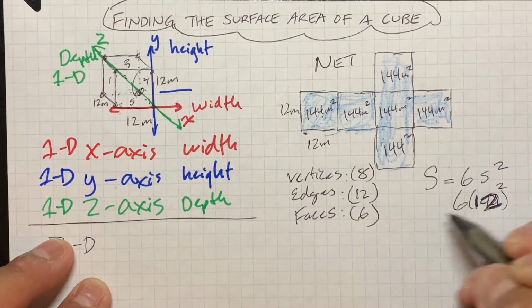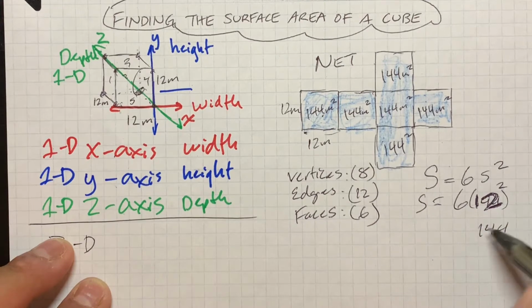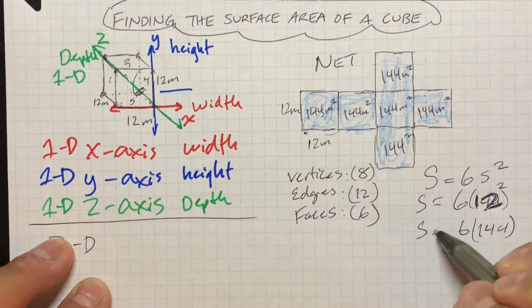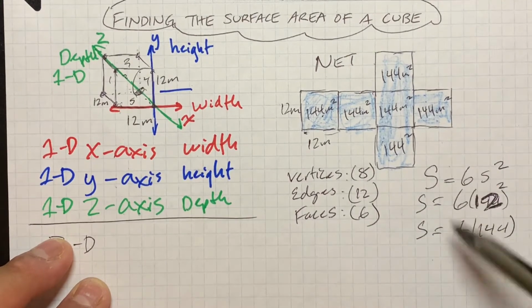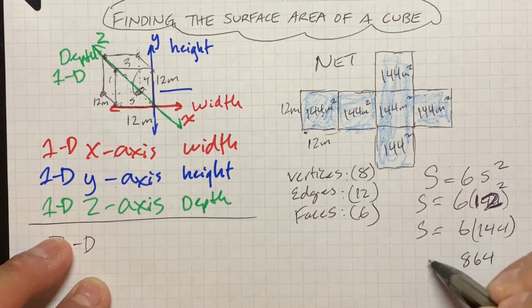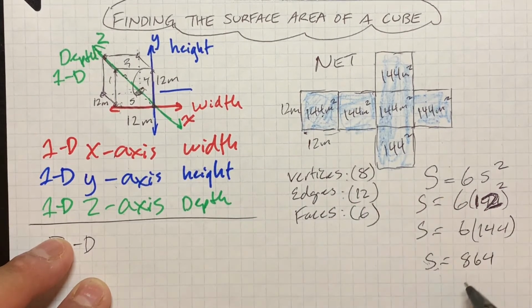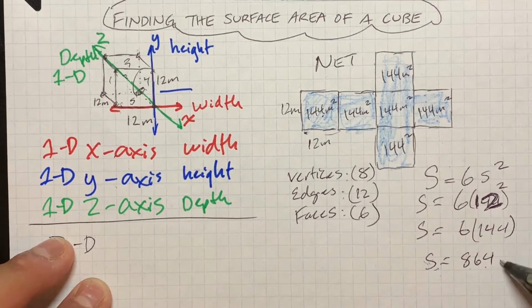We substitute there, and 12 times 12 is going to be 144. And then we just multiply that times the 6 faces. 6 times 144 will be 864. So all of the faces together will be 864 meters squared.